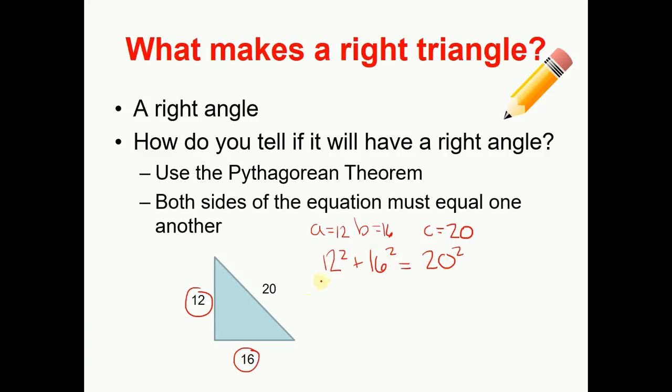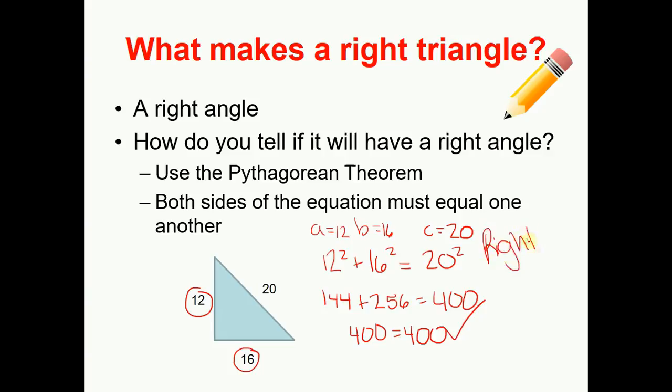So 12 squared, that is 144. 16 squared is 256. And 20 squared, that's 400. Let's add these two together. I am going to get 400. So 400 does in fact equal 400. So this triangle is in fact a right triangle.